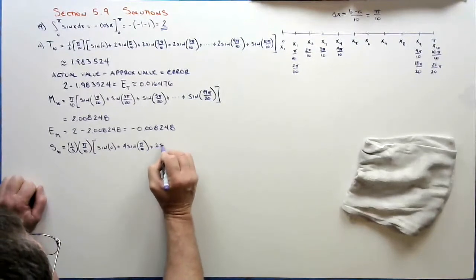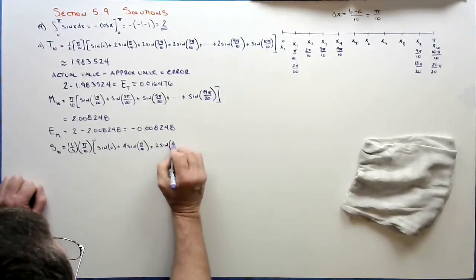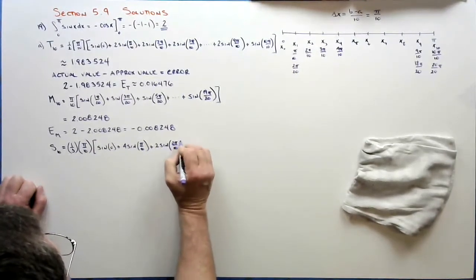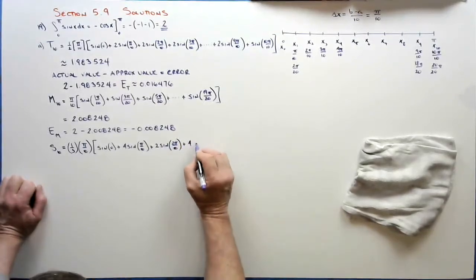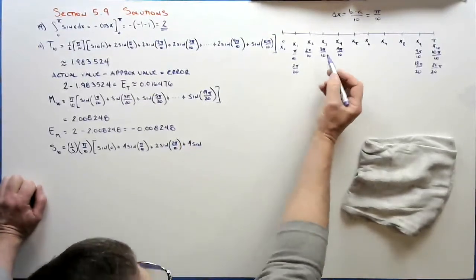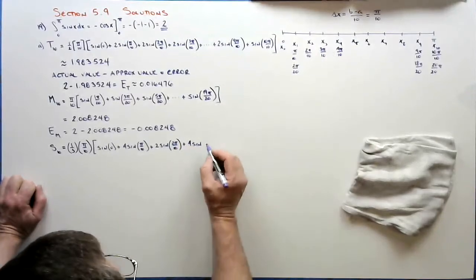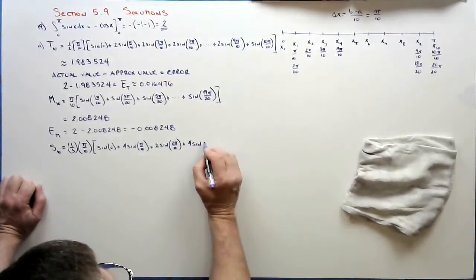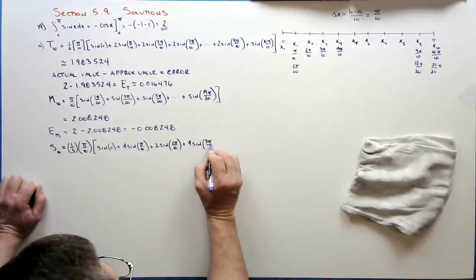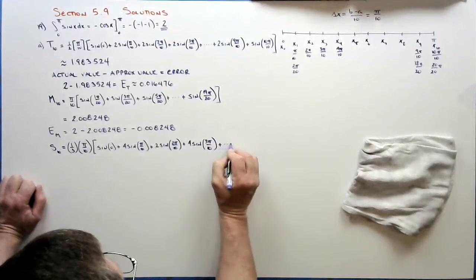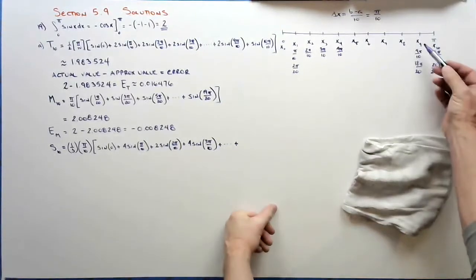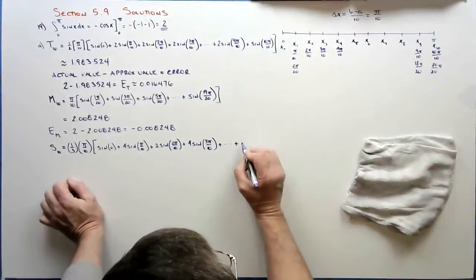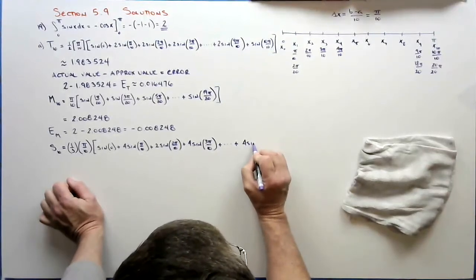plus 2 sine of 2 pi over 10, plus 4 sine of 3 pi over 10, because that's odd, so it's going to have a coefficient of 4. This is going to repeat. This is x of 9, that's odd, so that's going to be 4 sine.